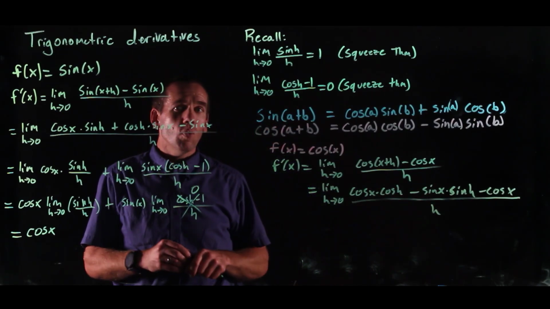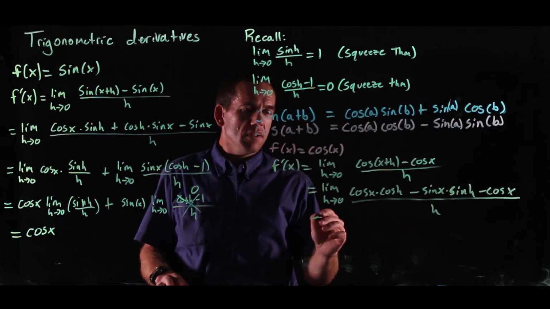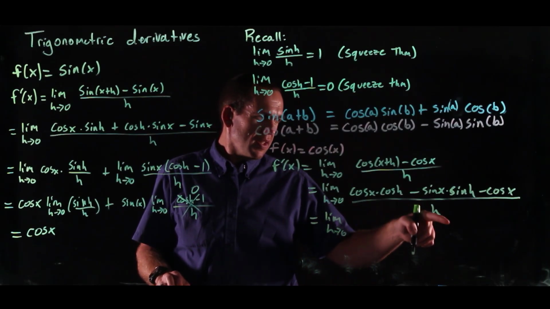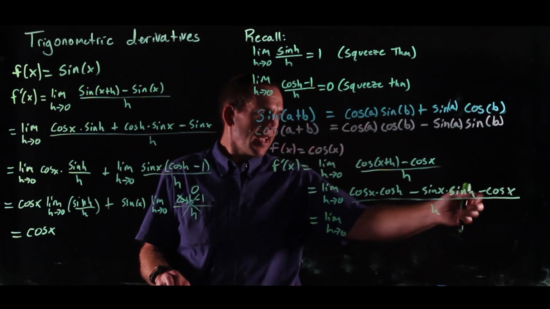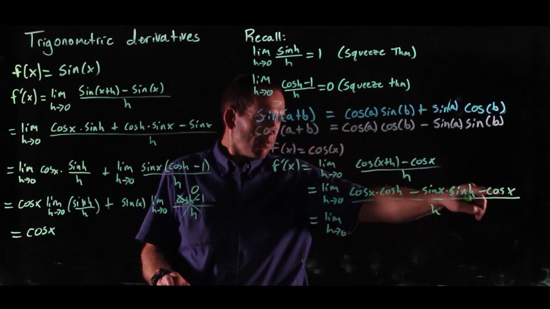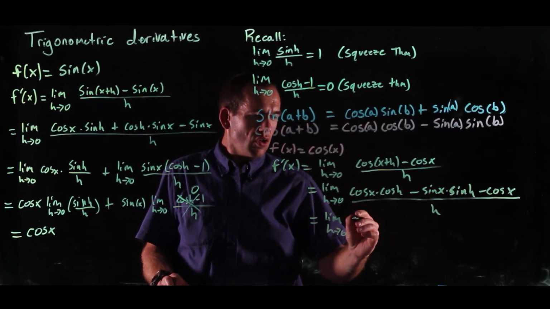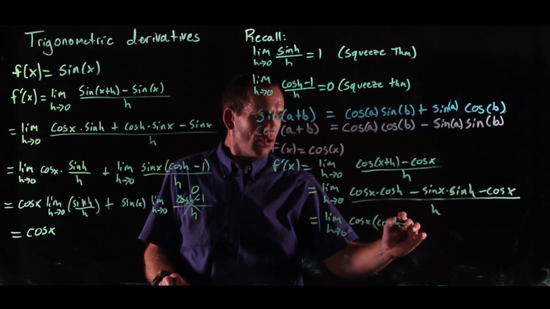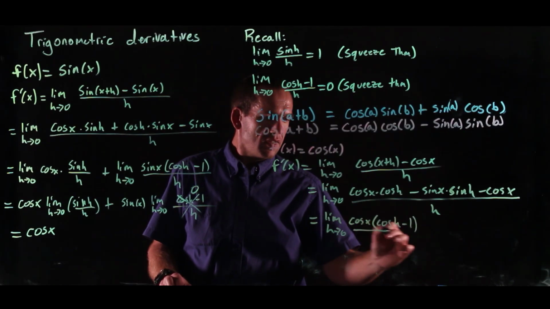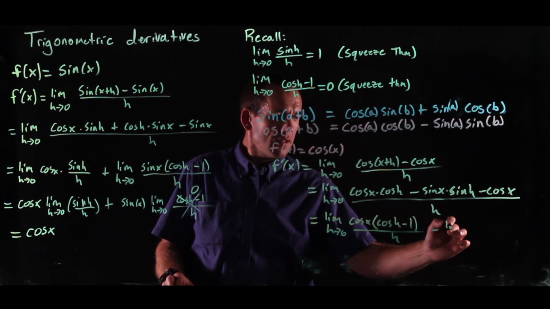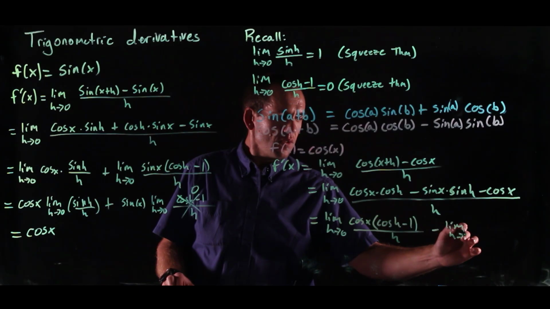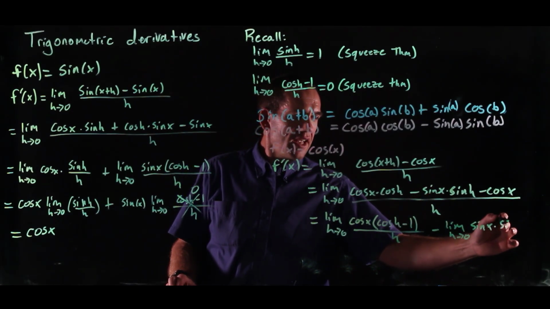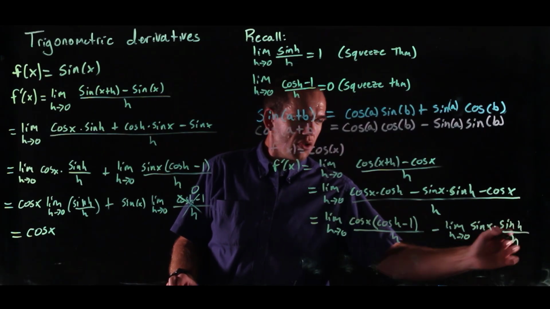And then again, we will rewrite this a little bit, and so this is equal to the limit h goes to 0, and I'm going to split this difference and factor out that cosine x. So I have cosine x times cosine h minus 1, all over h, minus the limit h goes to 0 of sine x times sine h over h.